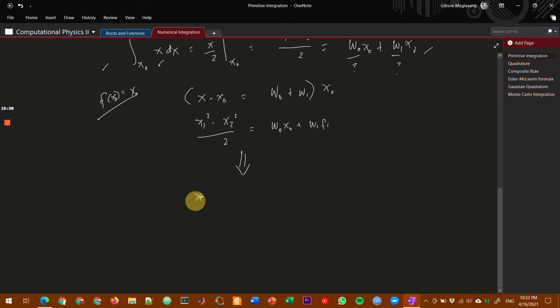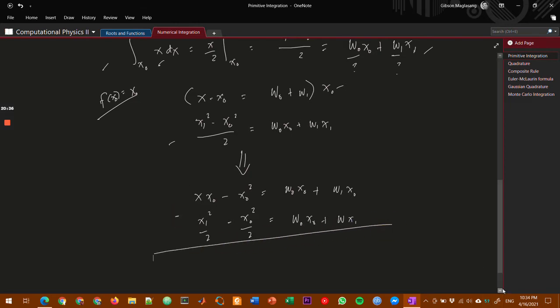So this becomes x naught minus x naught squared over 2 equals w naught x naught plus w1 x naught, and the second is x1 squared over 2 equals w naught x naught plus w1 x1. Then we subtract so that w naught is eliminated.